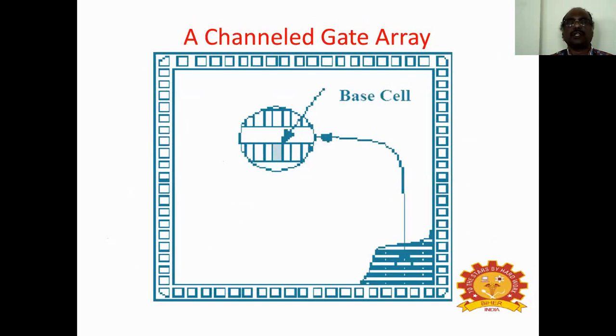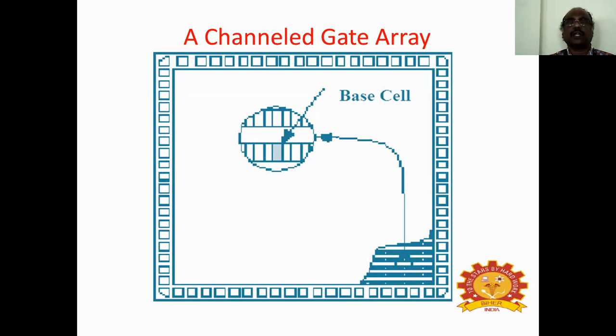For example, there are two rows at the base, and in between is a space, and that space is used as interconnect to form the base cell arrays. That interconnection is designed by the designer to interconnect the base cells and form the integrated circuit intended for some specific application. This is what is called the channeled gate array.